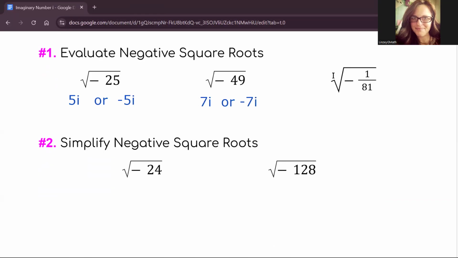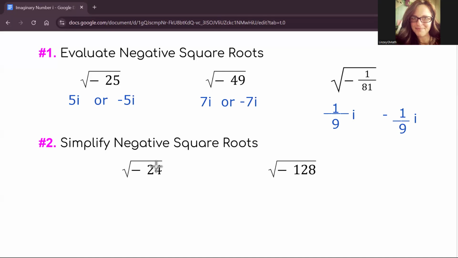And the square root of -1/81 is going to be 1/9 i or -1/9 i. You can take the square root of the top and the square root of the bottom of a fraction separately.